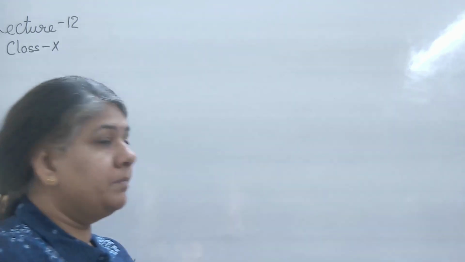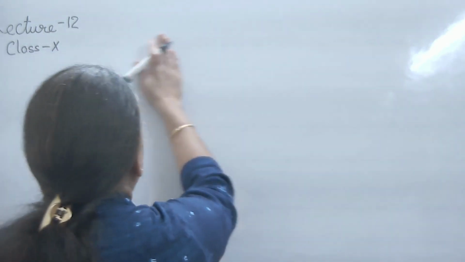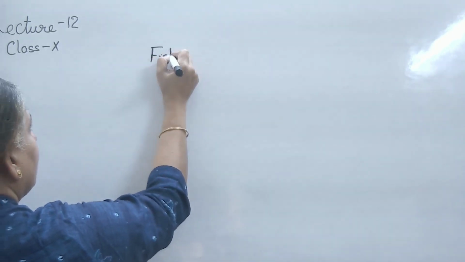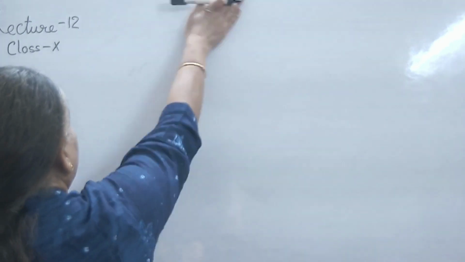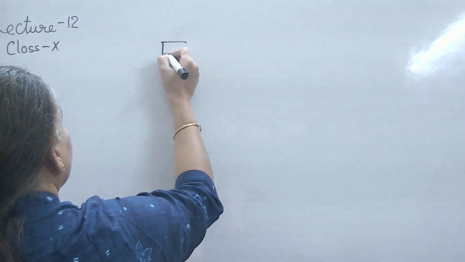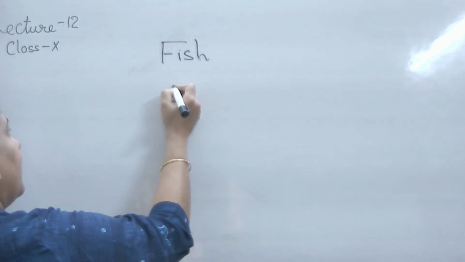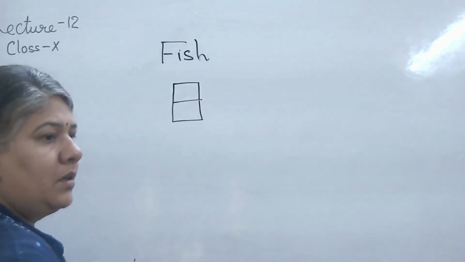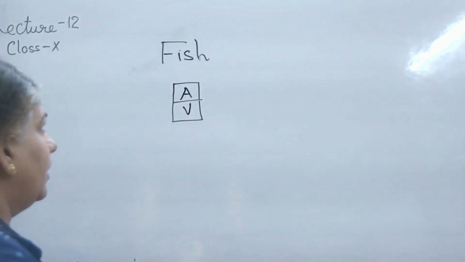It is four-chambered. But the lower animals, if we see fishes, it has two-chambered heart. One auricle and one ventricle. So it has one upper chamber, auricle, and a lower chamber, ventricle.